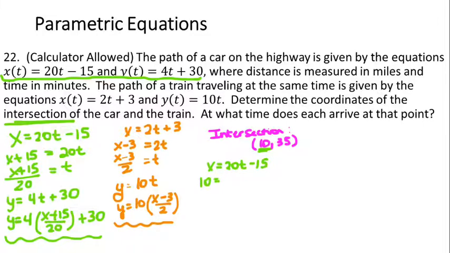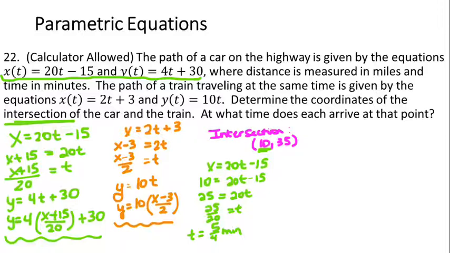So I'm going to change x to 10, 20t minus 15. I'm going to add 15 to the other side, and then divide by 20. And so for the car, t is equal to 5/4 minutes, or 1.25, either way.